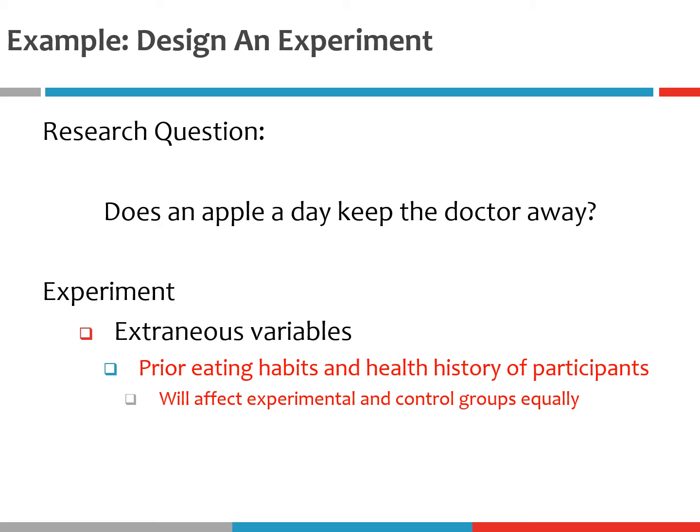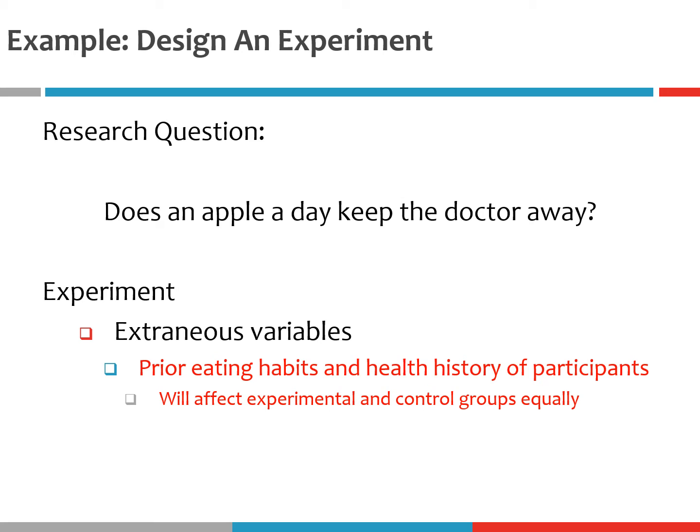But critically, it's going to affect both groups equally, okay? So it's not just going to affect the apple condition, it's also going to affect the no apple condition. And it's going to be the same effect for both groups.